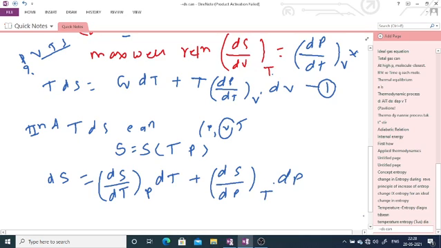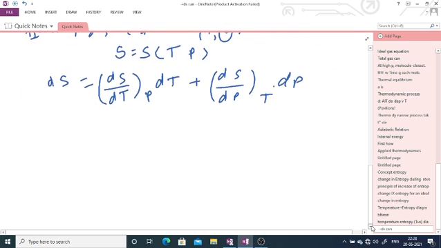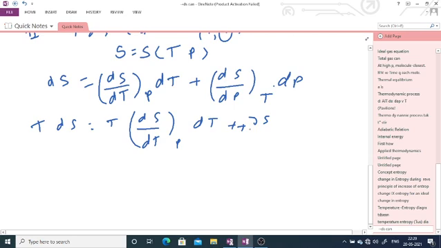Similarly, multiply both sides by T. So we get T dS is equal to T dS/dT at constant P into dT plus T dS/dP at constant T into dP.